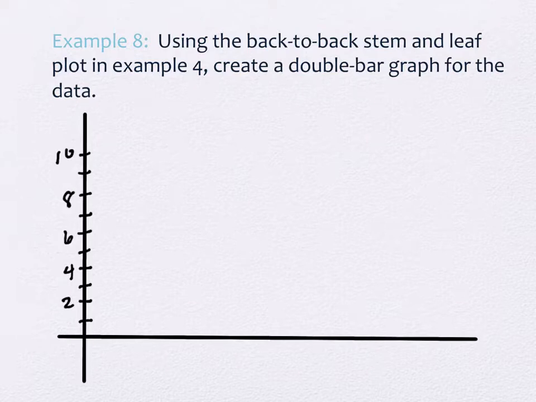Okay, so on the first one, I have 4 students who got Fs on the first test. But there's nobody who got an F on the second test, right? So I need to leave a blank space that's wide enough to say that, hey, a bar is missing here. Are you with me?